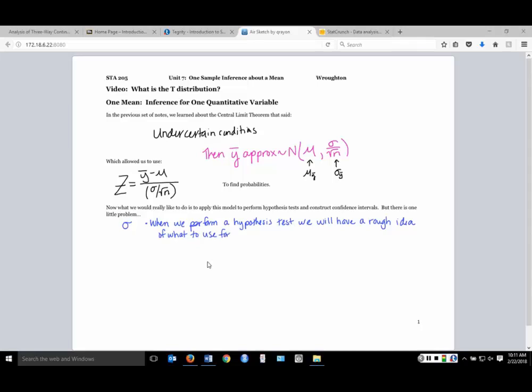Why will we have an idea of what to use for the mean? We'll have a null hypothesis, which will have some mean inside of it. So that seems pretty reasonable. But of course, since it's in our null hypothesis, we are actually unsure of this number. Otherwise, we wouldn't be doing a hypothesis test.